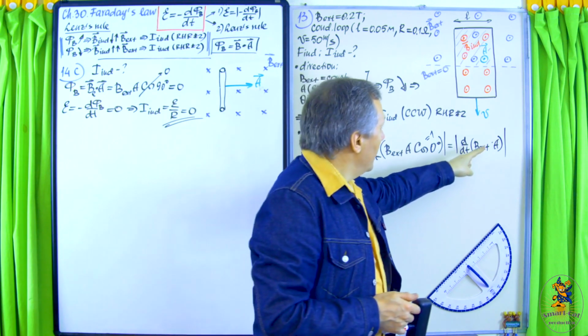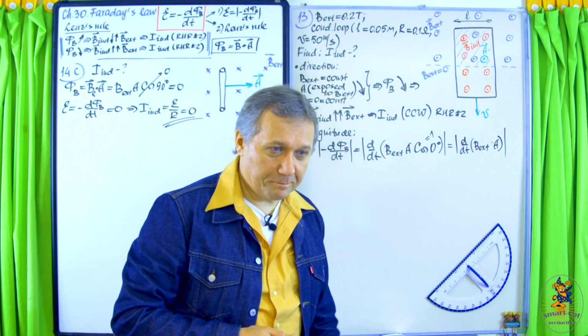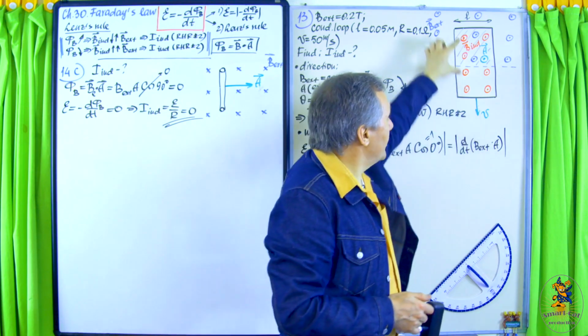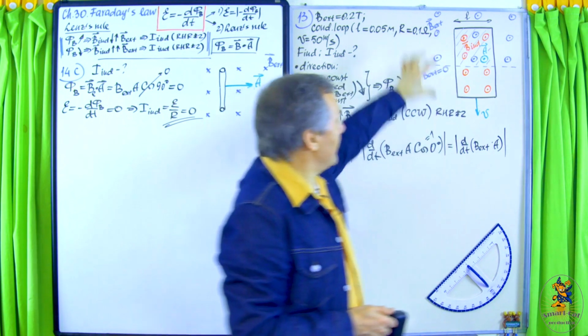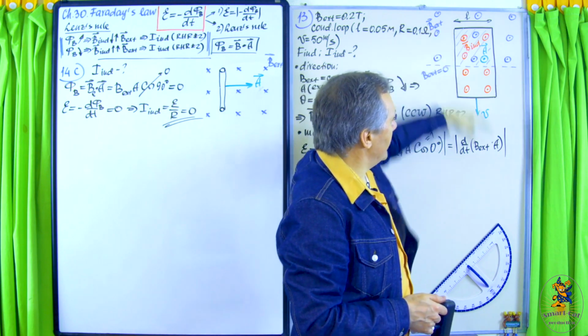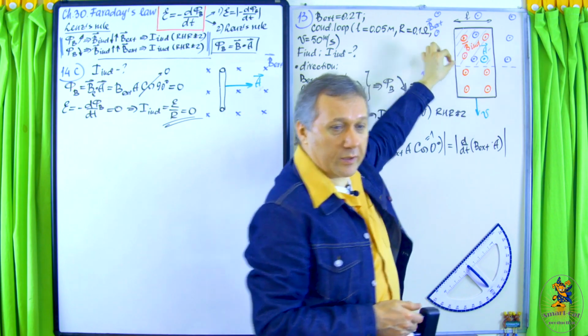B external, it's constant. What about area? Again, area exposed to the magnetic field. This area is not constant. As we drag this loop down, what happens to this area? It's getting smaller and smaller.